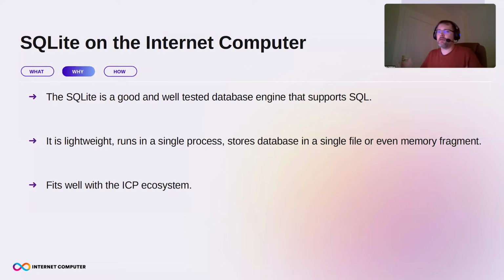So you have a piece of memory, and then there's your SQLite database. Because of all of that, SQLite as a library for keeping the database fits very well with ICP canister storage, because it's also a piece of memory that you use.